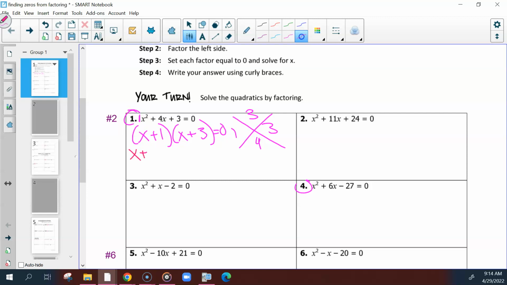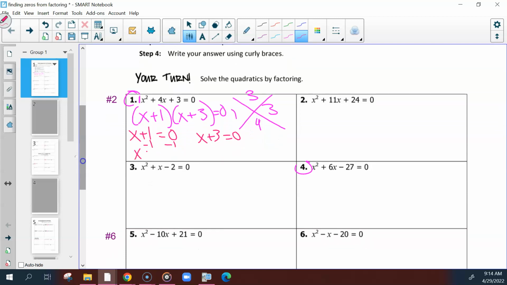So we have x plus 1 equals 0 and x plus 3 equals 0. And then you would solve. How would we solve this? So that would give us x equals -1 and x equals -3.